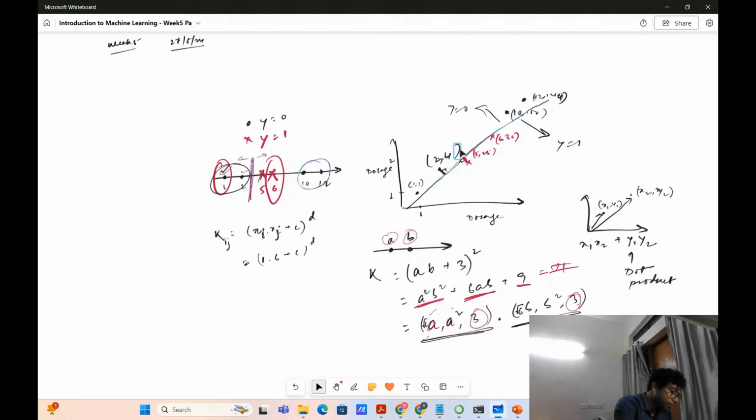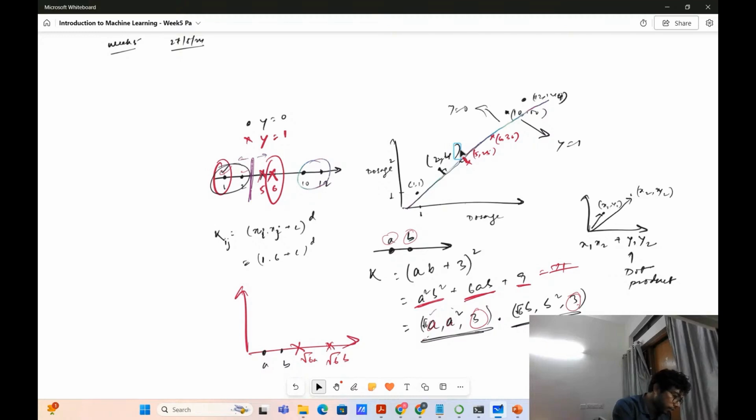So how do you use this kernel when you are transforming your data into a higher dimension? Your x-axis would be root 6 times a. Let's say initially a was here, b was here. Next, when you are using this kernel, you multiply a times root 6 and plot it at the new position. This is your root 6a. Similarly, multiply root 6b. This is your new root 6b.